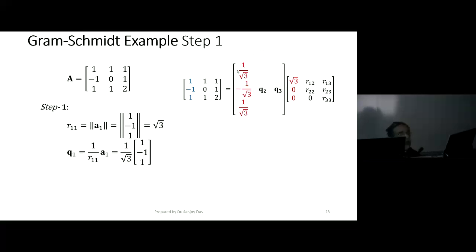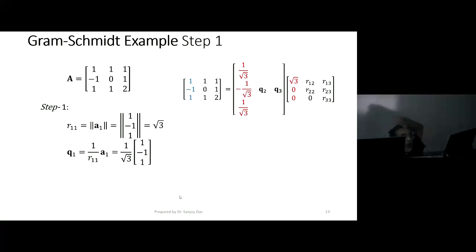R11 is simply the length of this, which is the square root of 1 plus 1 plus 1, so the square root of 3, and that's R11 here. And a unit vector in the same direction as A1 is my Q1. So this is my Q1.